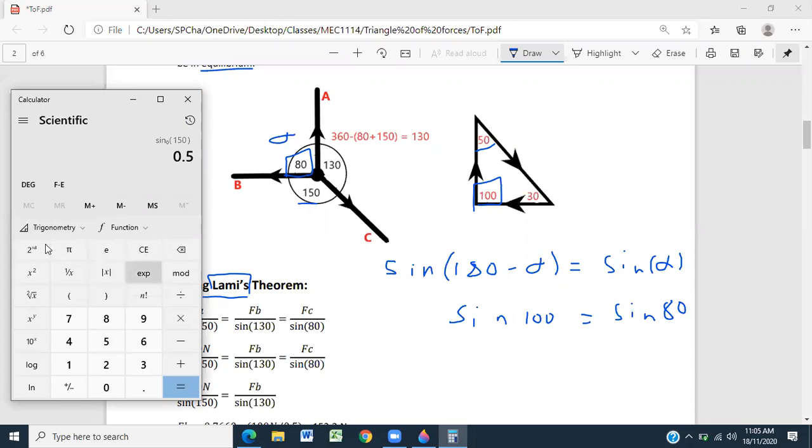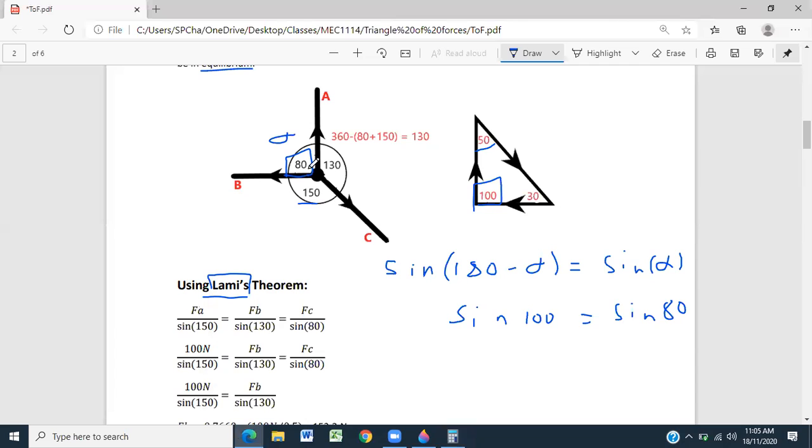Clear. 30, sine of that, 0.5. So if these angles give the same value when you take their sine, then instead of creating the sine rule, we can just put the magnitudes over these same angles, and we don't need to create a triangle and do the sine rule anymore, right?